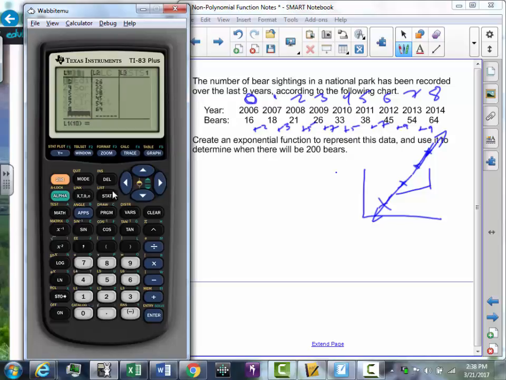Now if you go stat, calculate exponential regression, did it give you an equation this time? L1, L2, Y1. Okay, did you guys get this equation here? Check your equation. See that it gave you 15.39 and 1.16.